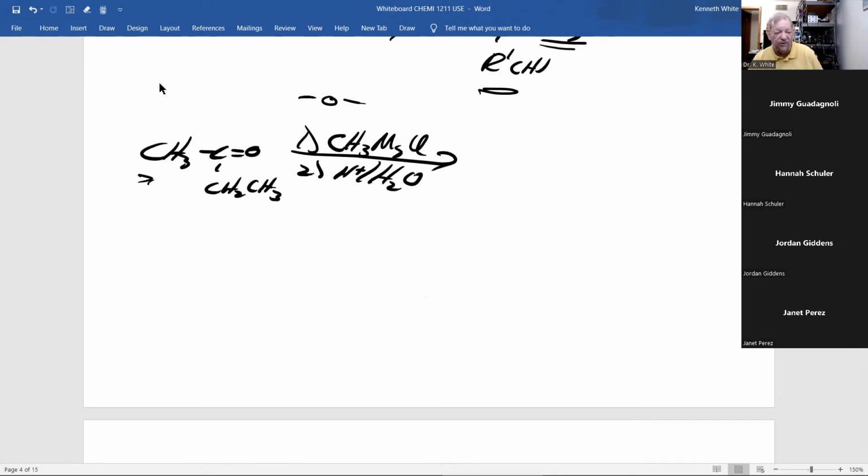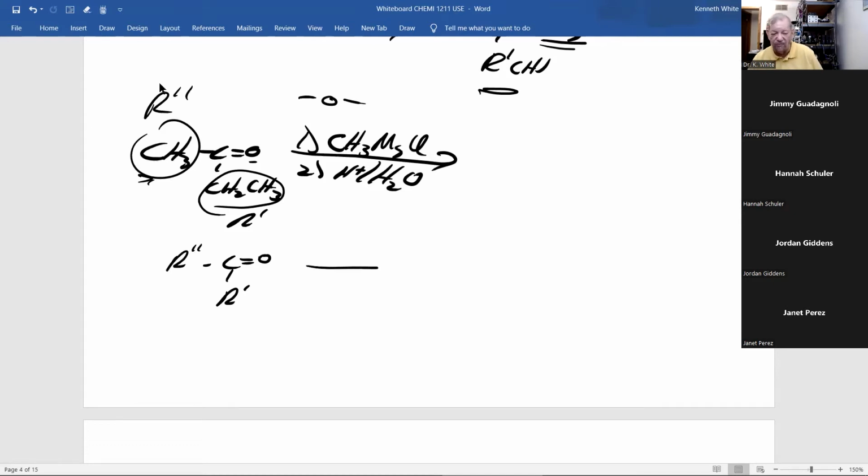If we look right here, what's different? Ooh, carbon double bond to oxygen. On that carbon, we have R group, R prime, and another group of carbons, R double prime. We have a ketone. What do we have that's different here? Ooh, carbon on magnesium chloride.